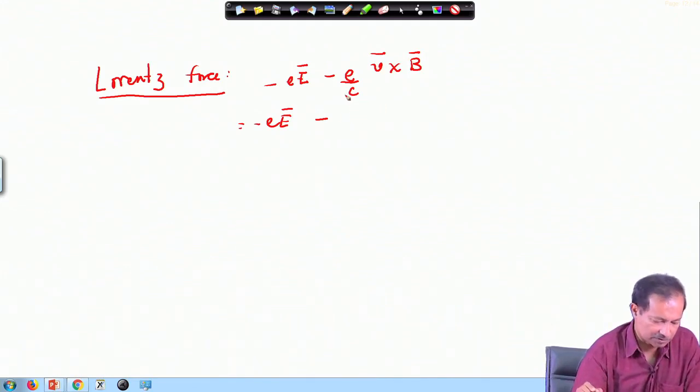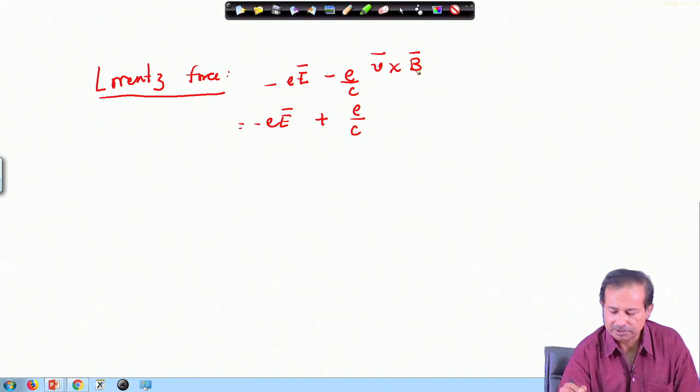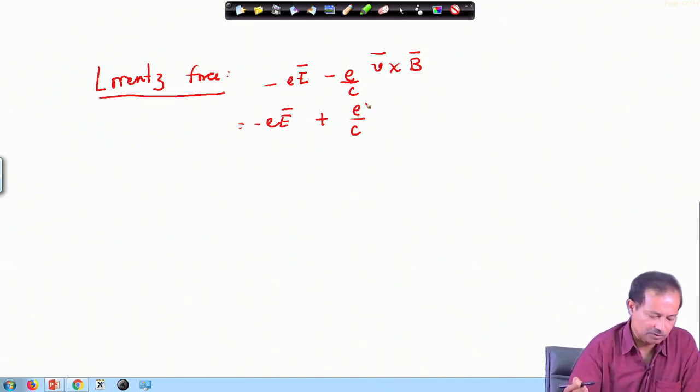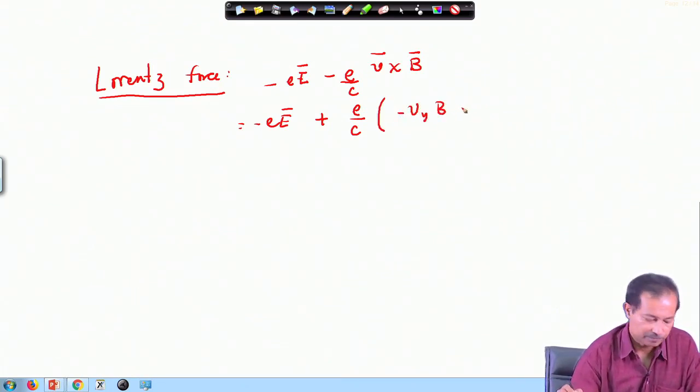So, let me just show you what it is. Simple cross product, e by c. Remember, B is (0, 0, B). So, I will have no z component of velocity involved here. I will have minus v_y into B, plus v_x.